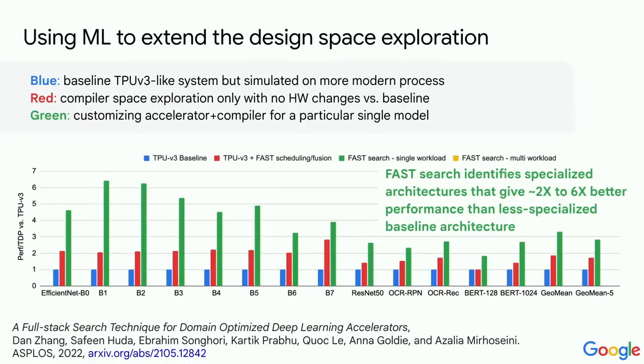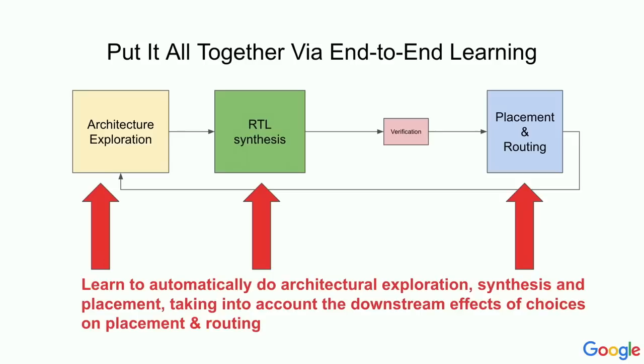And you get pretty significant improvements if you specialize the architecture for a particular model or a class of models rather than having a general purpose one. That's the green lines versus a sort of approximate version of a TPU v3 baseline in blue, and TPU v3 plus the compiler improvements that we're also simultaneously exploring in red. But you see specializing the architecture plus doing a good compiler for it gives you the best wins.